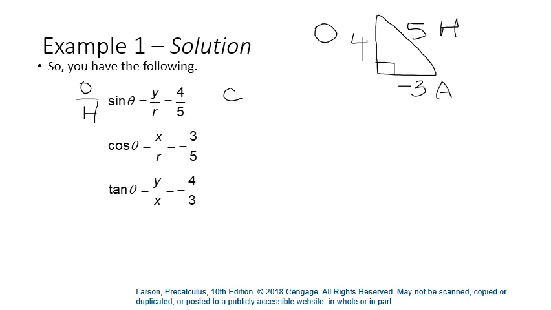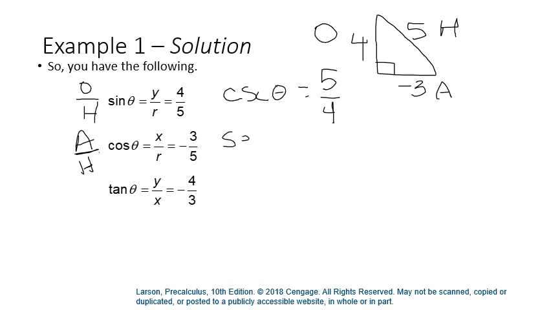So I could write cosecant now, because cosecant is just the reciprocal. Here they have cosine, which is A over H, which is -3 over 5. And that's the first time we've seen a cosine value or something be negative.